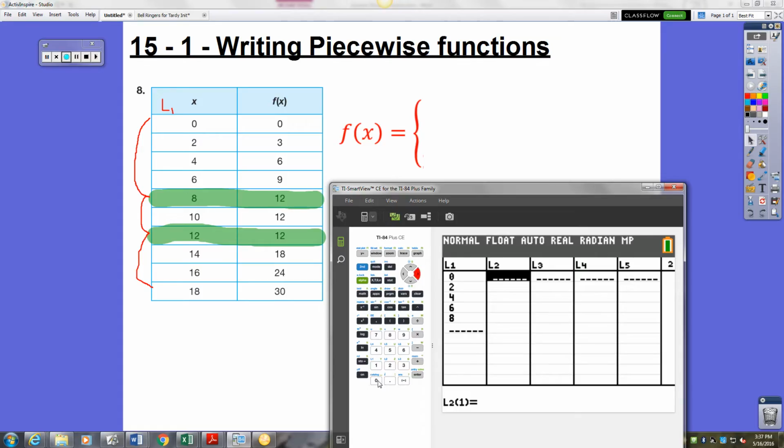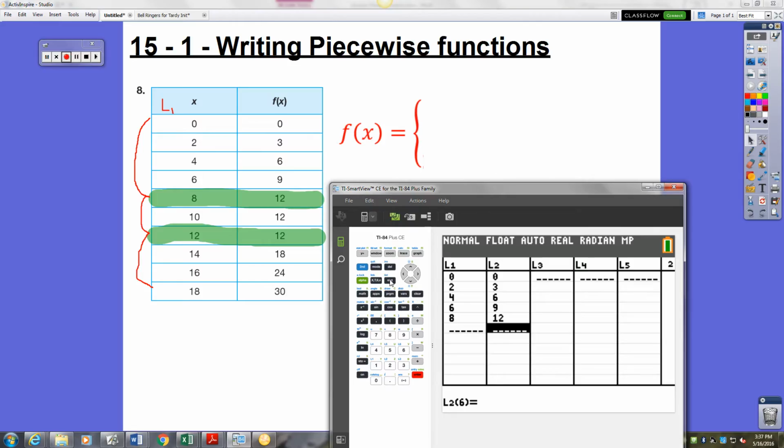Now we're going to put in 0, 3, 6, 9, and 12. Before we go on, double check 0, 2, 4, 6, 8. Good. 0, 3, 6, 9, 12. Because remember, if we enter data wrong in these columns, and it's really easy to make a typo, it won't give us correct answers.